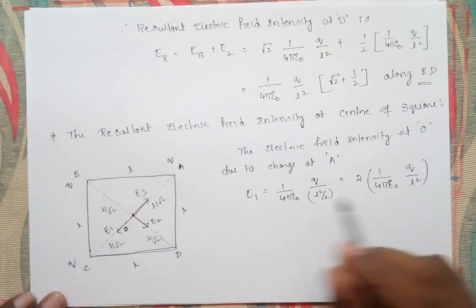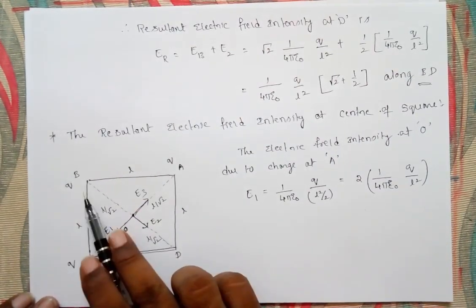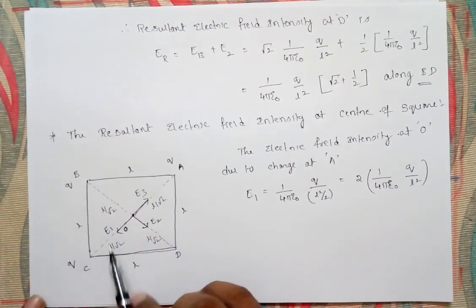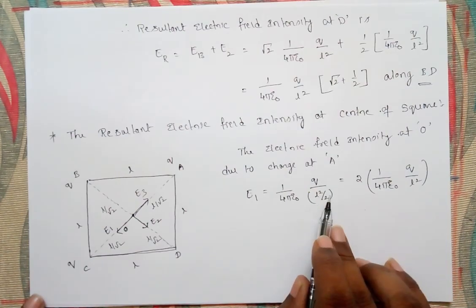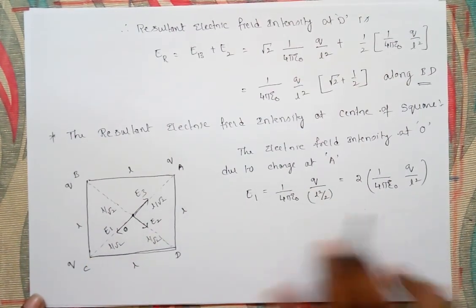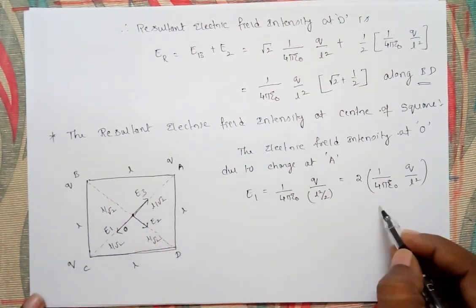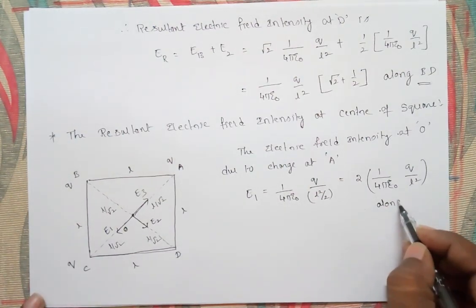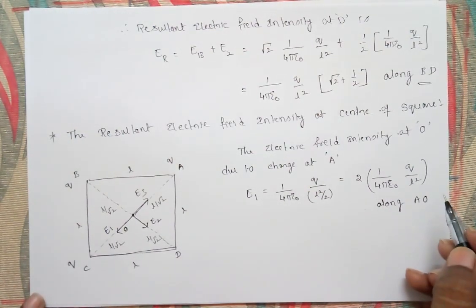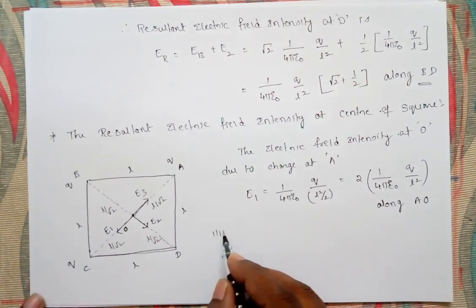In the same way, the electric field intensities due to the charges at B and C will have the same magnitude, only the direction differs. This is away, along AO.